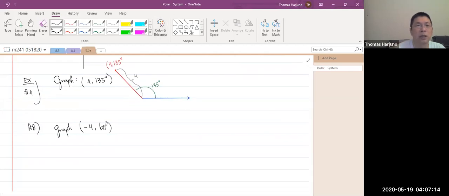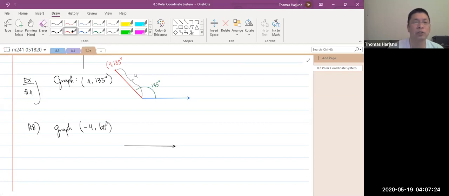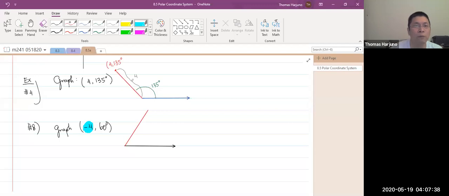So let's say this is my pole, that's the polar axis, and I will do a 60 degree angle. But the radius is negative, which means I will shoot backward 4 units.